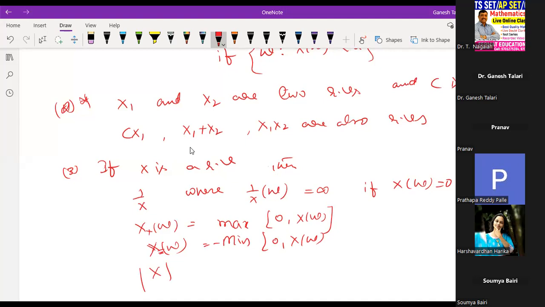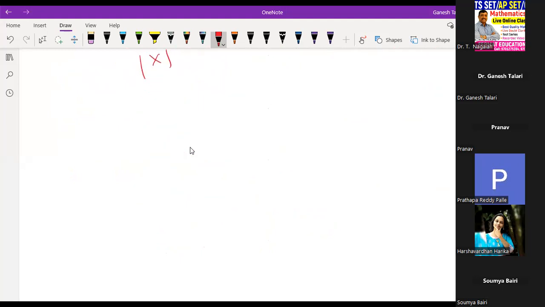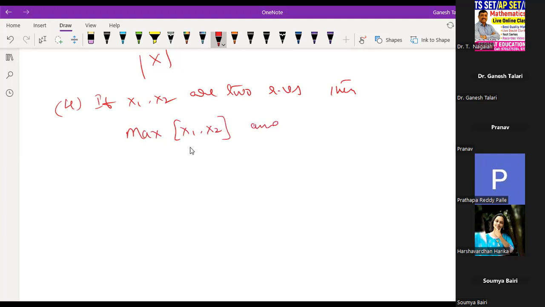Another thing is, if X1, X2 are two random variables, then maximum of X1, X2 and minimum of X1, X2 are also random variables. This is important.